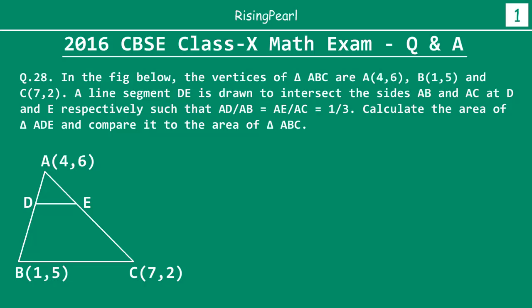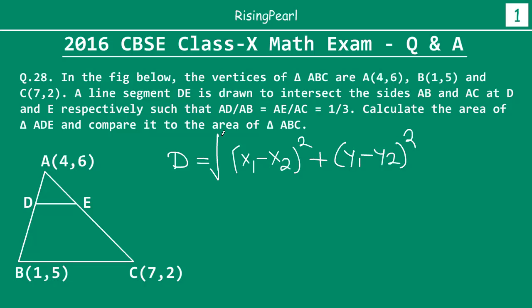Now, here again there are different ways of doing it. Remember, using the distance formula, the distance between two points is the square root of (x1 minus x2) whole square plus (y1 minus y2) whole square.